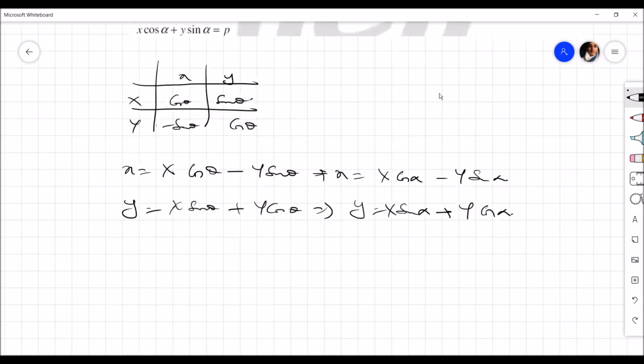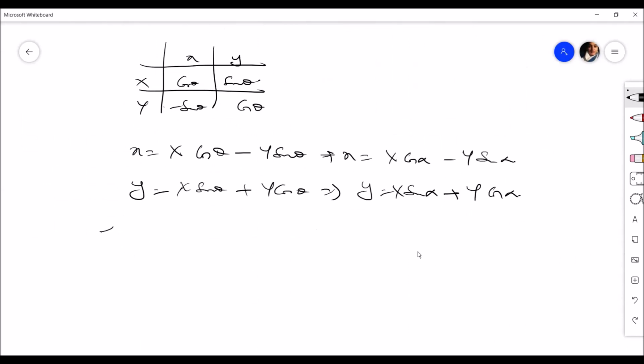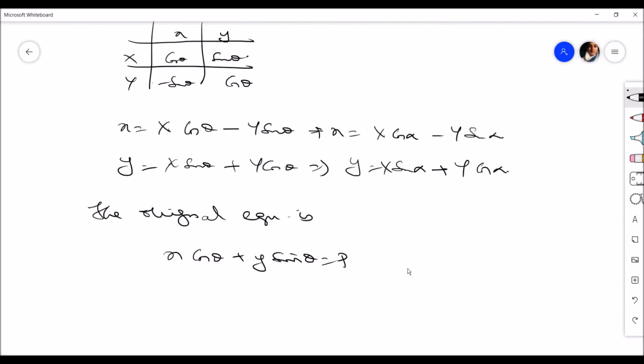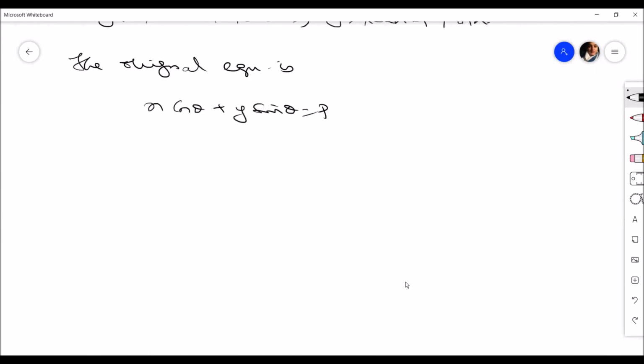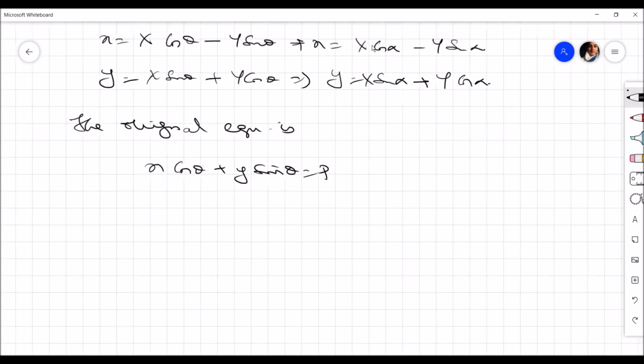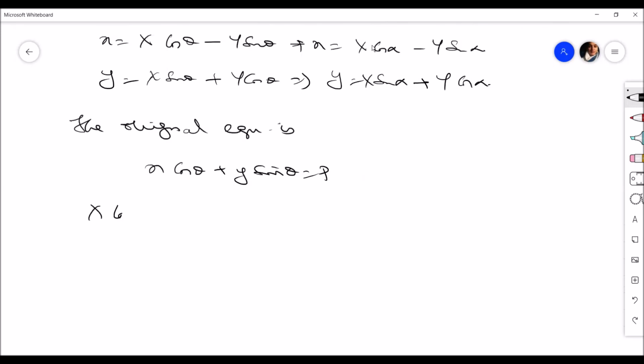These things I'll have to replace over here. So the original equation is small x cos theta plus small y sin theta is equal to p, right? So it's a simple equation. So on conversion, small x will be nothing but capital X cos alpha minus capital Y sin alpha into cos alpha.